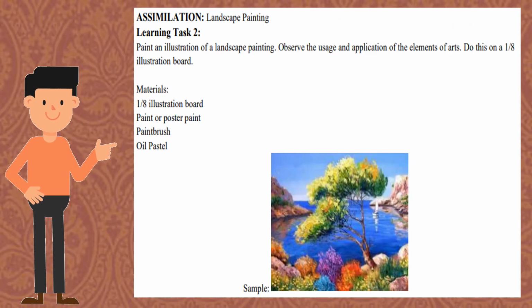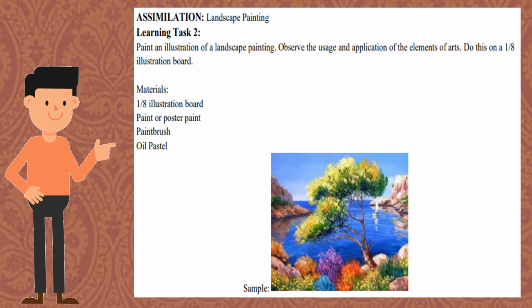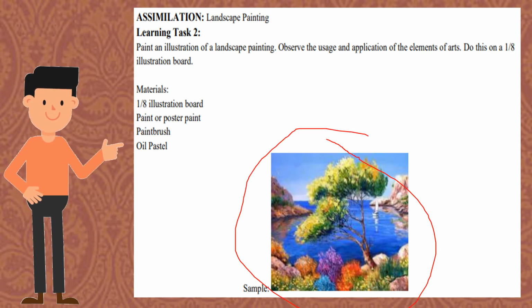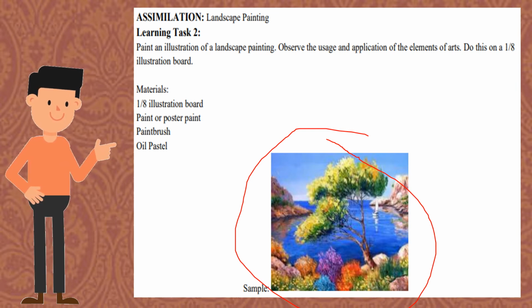And for our assimilation, you're going to create your own landscape painting. We have here an example of a landscape painting. You can create your own landscape painting. Paint an illustration of a landscape. Observe the usage and application of elements of art, and do this on a 1/8 illustration board.